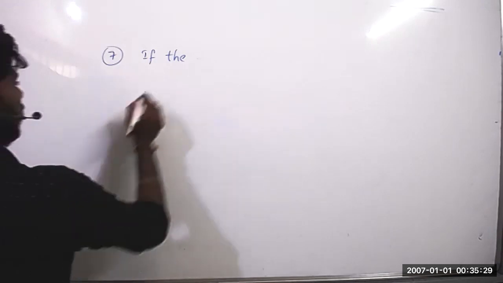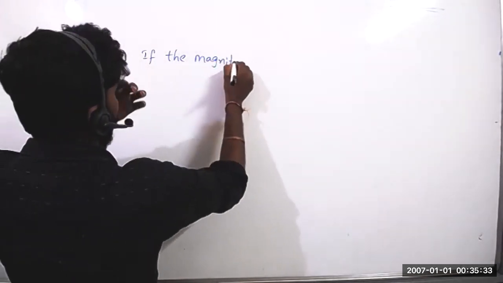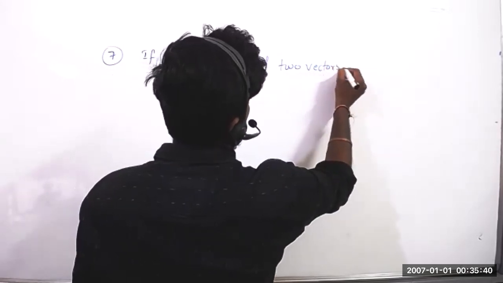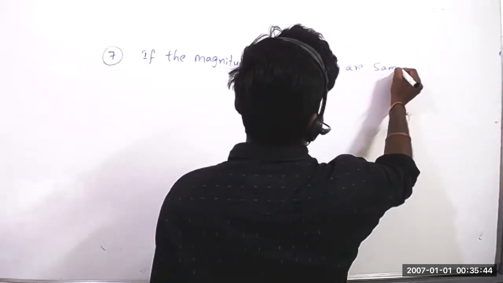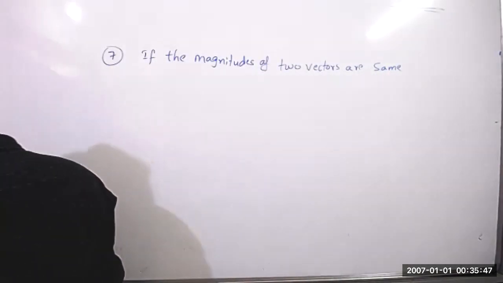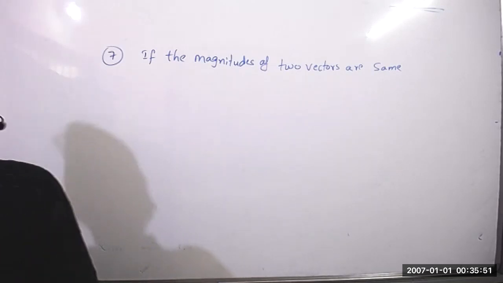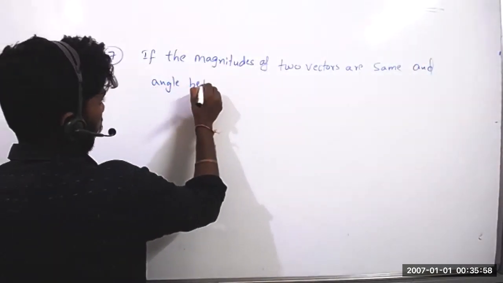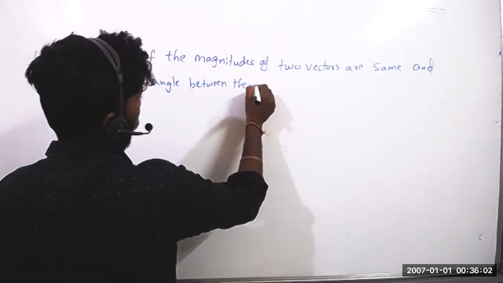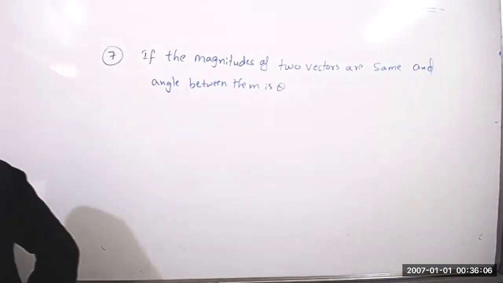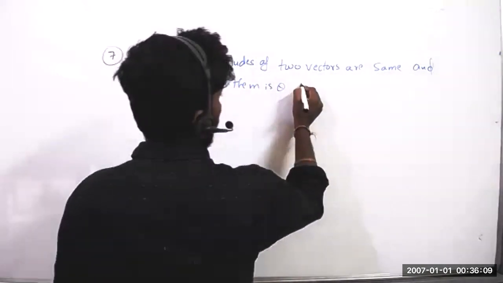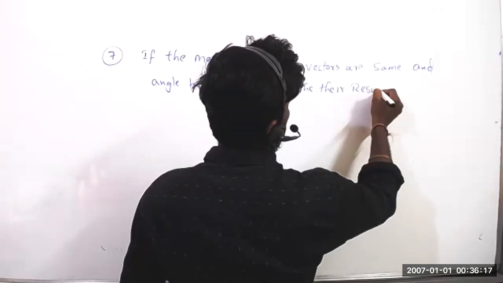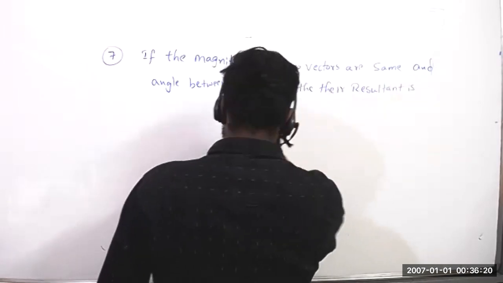Now see, if the magnitudes of two vectors are same, and angle between them is theta, then their resultant is... You should try to understand the question.